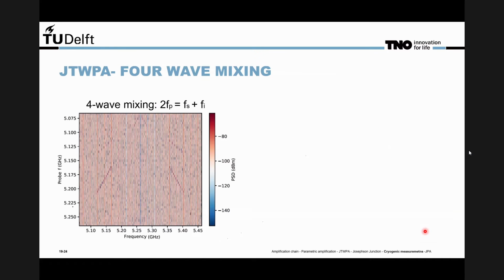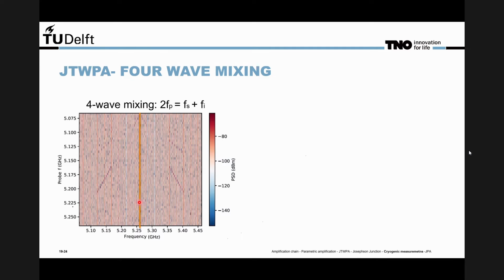And lastly, we did some spectrum analyzer measurements. Here we see a 2D plot where we swept the probe frequency while we keep the pump frequency constant at 5.26 gigahertz, indicated with the orange line here.